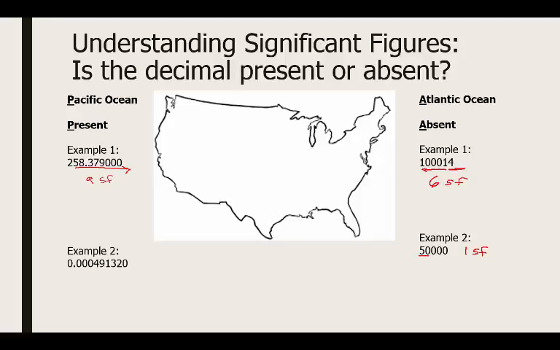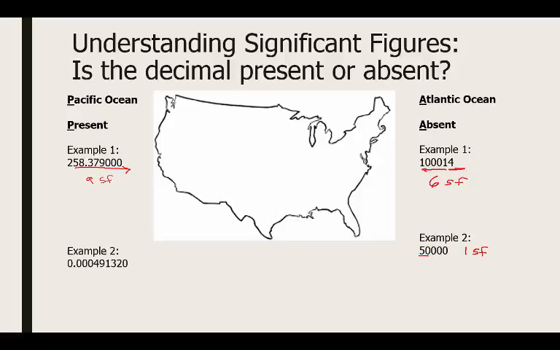Now let's look at example number 2. In example number 2, we again ask ourselves, is there a decimal present or a decimal absent? And there is a decimal present, so we're going to start on the far left-hand side, or where the Pacific Ocean is, and we're going to count our first significant figure when we hit our first non-zero number.